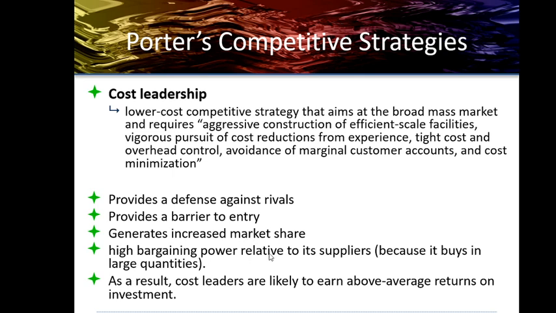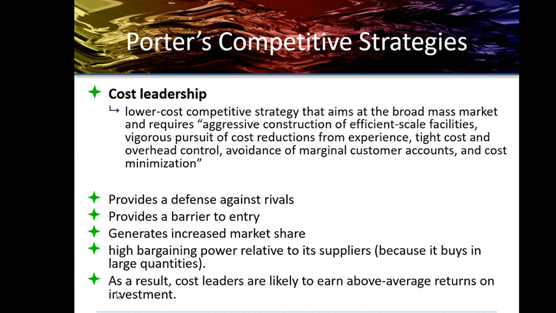High bargaining power relative to the suppliers of the company. Now, if you are depending on the cost leadership strategy, then you will have a high bargaining power with your suppliers. Why? Because you buy raw material from them in large lot sizes, in large quantities.